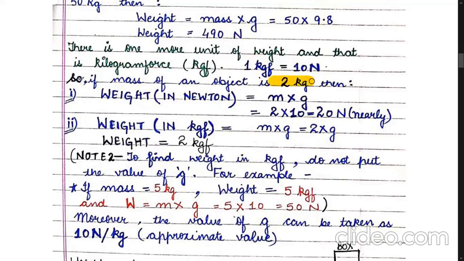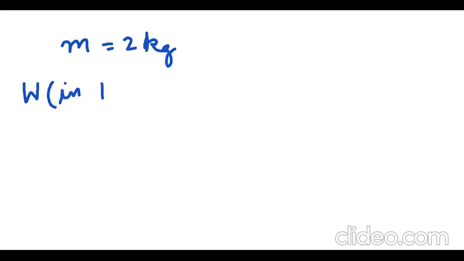Suppose if mass is 2 kg, then how to find down weight? Kindly pay attention. I am saying that if I am giving you mass to be 2 kg, so if we want to find weight in newtons, I'll write down the formula m multiplied by acceleration due to gravity.